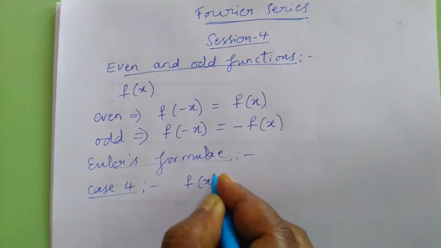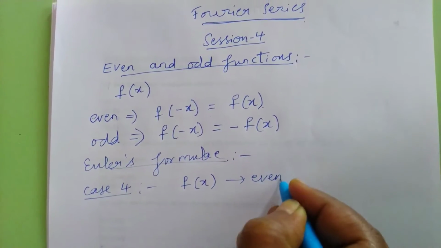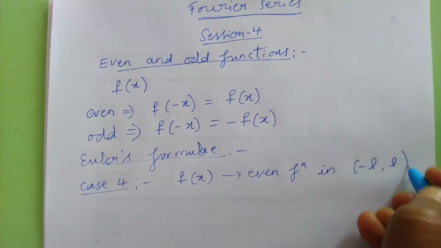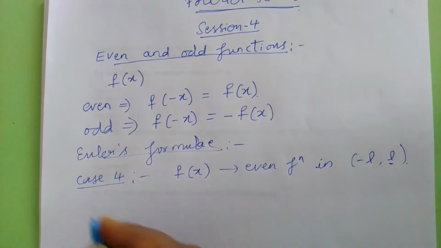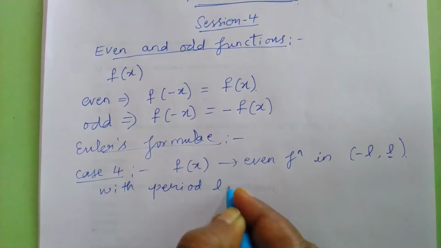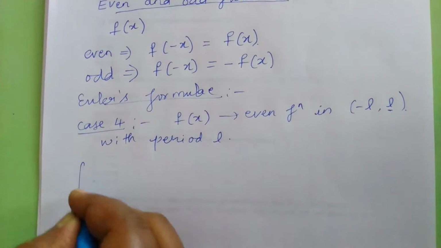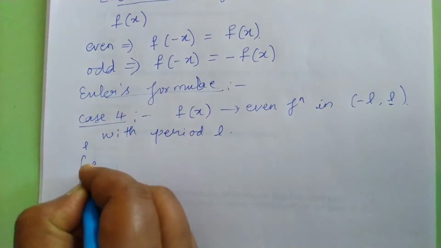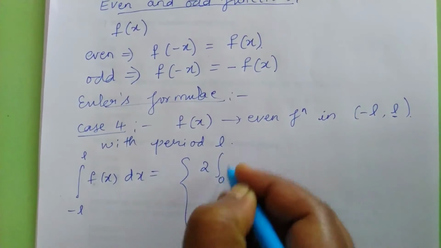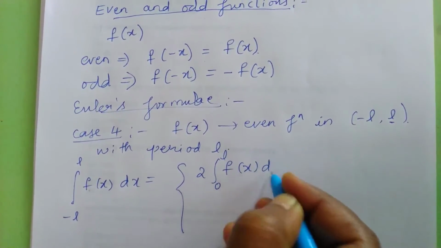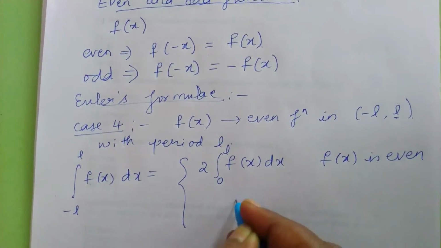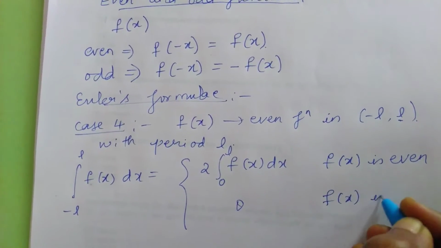Now f of x is said to be an even function in the interval minus L to L with the period L. Then integration from minus L to L of fx dx will be equal to twice integration 0 to L fx dx if f of x is even, and 0 if f of x is odd.